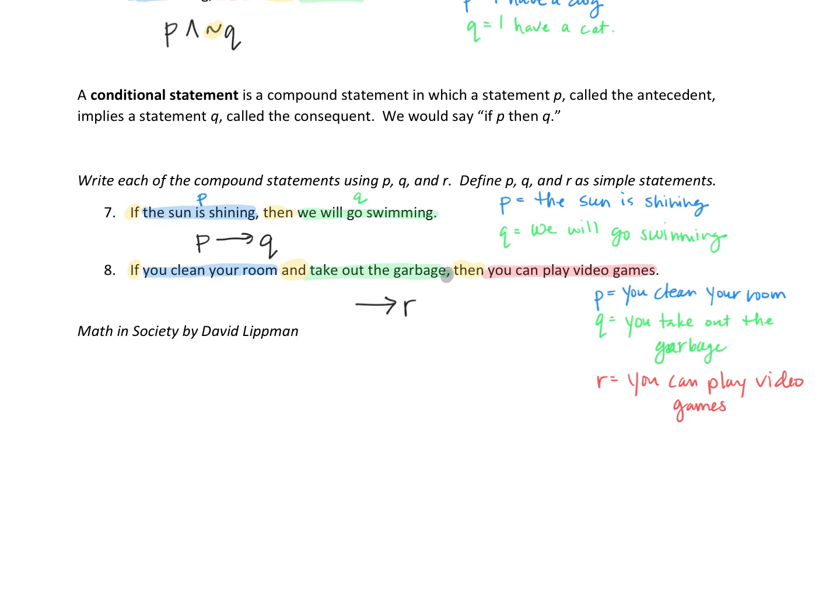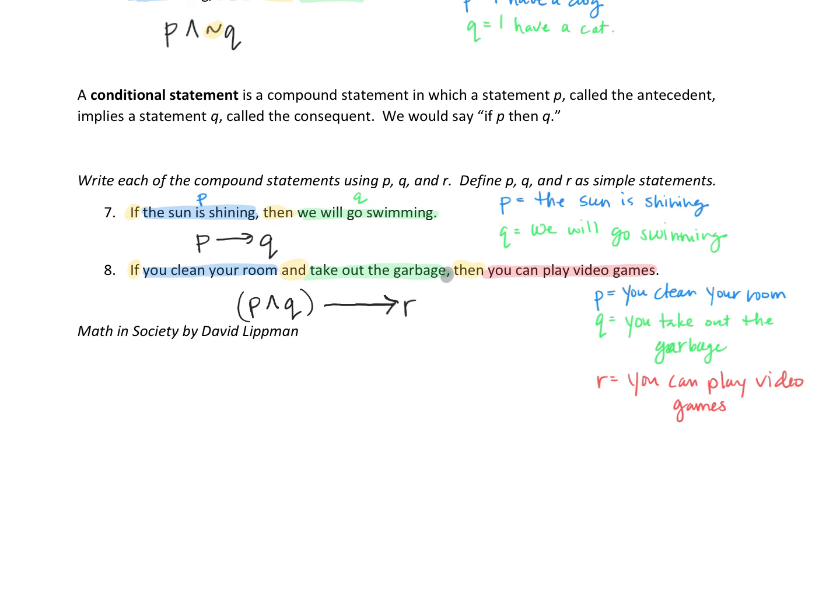That indicates that you probably want to have parentheses around everything before the arrow. So we have, you clean your room, which is P, and take out the garbage, that was Q. If you do those two things, then you can play video games. So we'll say P and Q implies R. So if P and Q, then R.